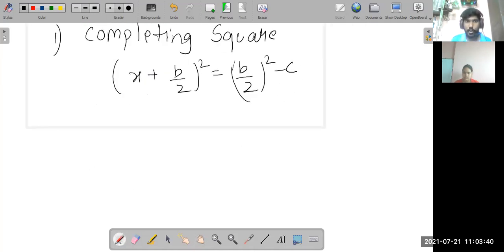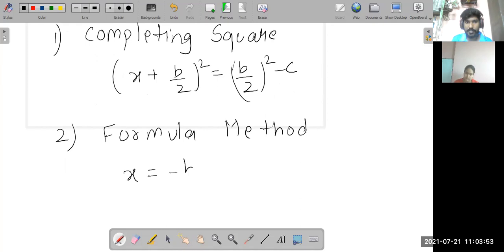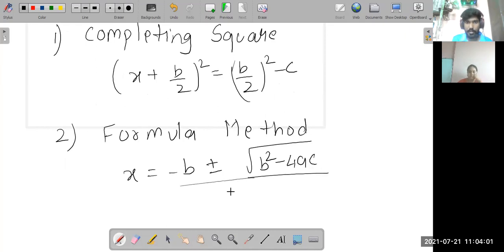Then second, you did the formula method formula, and this was x is equal to minus b plus minus square root of b square minus 4ac upon 2a.